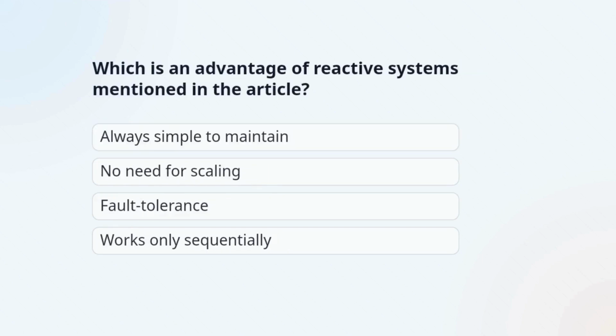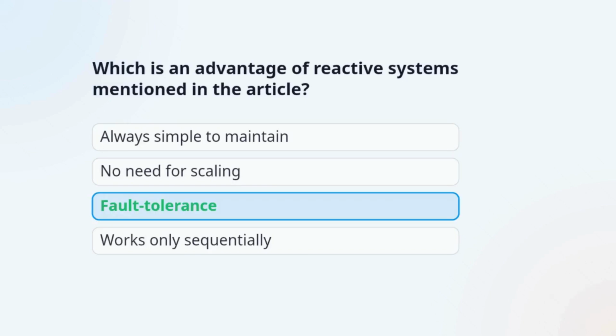Question 3. Which is an advantage of reactive systems mentioned in the article? The correct answer is fault tolerance. Reactive systems are often built to continue operating even if some nodes or components fail.